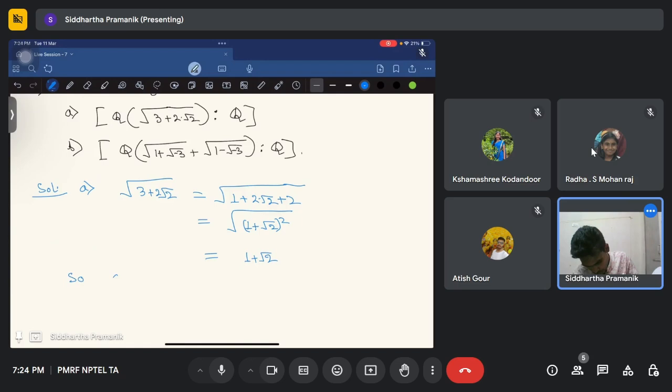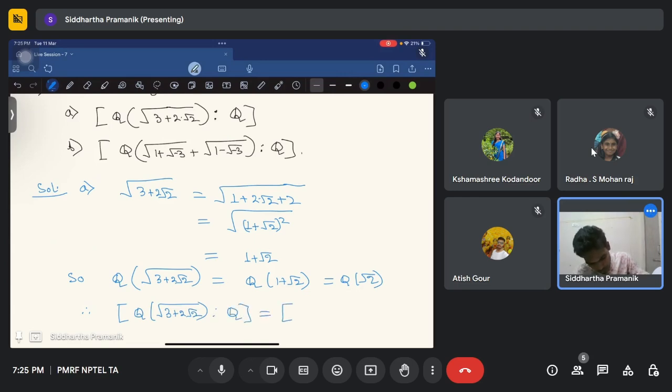So Q attached with square root of 3 plus 2 root 2 is the same as Q(1 plus root 2), and it is basically the same as Q(root 2), and we know the degree of Q(root 2) over Q. So the degree of this over Q is the degree of Q(root 2) over Q, which is 2.